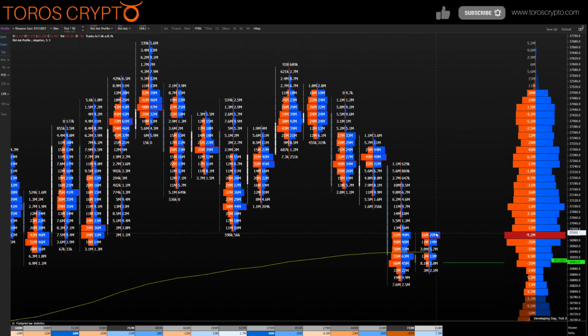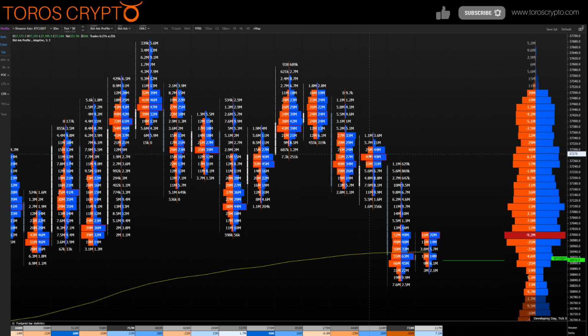As we're coming in here, you can see that this candle that was at 4 p.m., the point of control very clearly there was at $36,900.